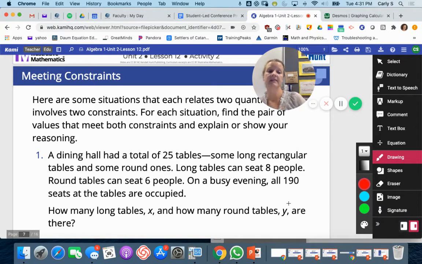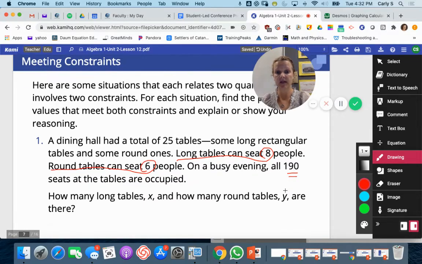Long tables can seat 8 people and round tables can seat 6 people. On a busy evening, all 190 seats at the tables are occupied. So how many long tables and how many round tables are there?